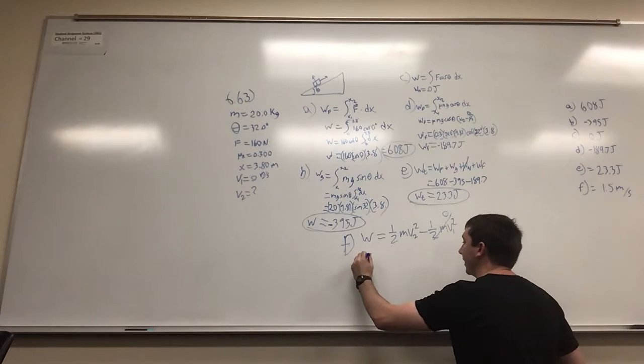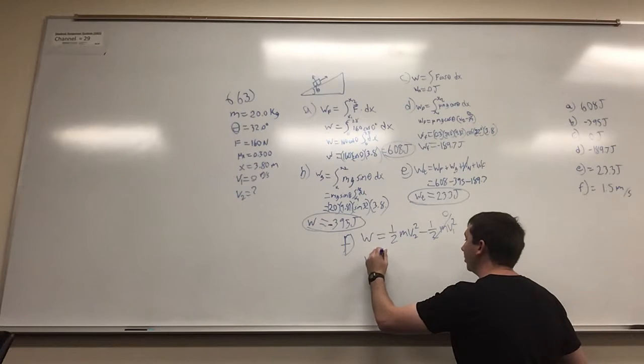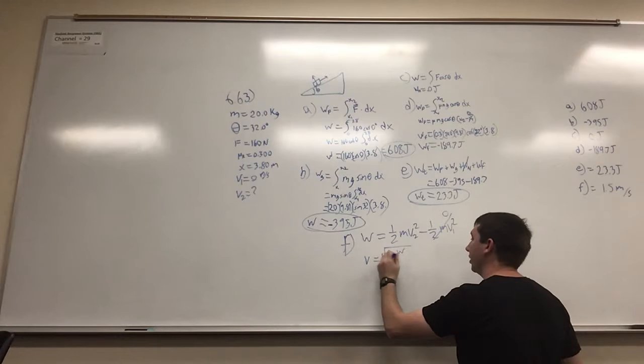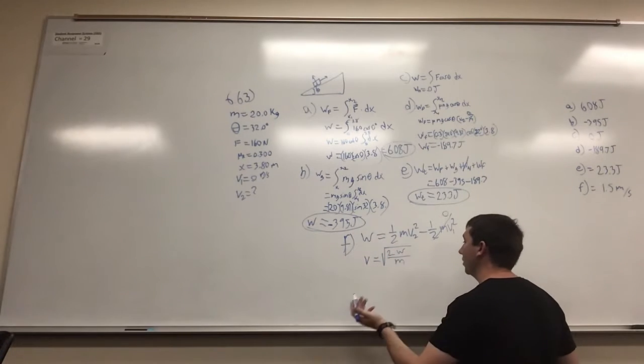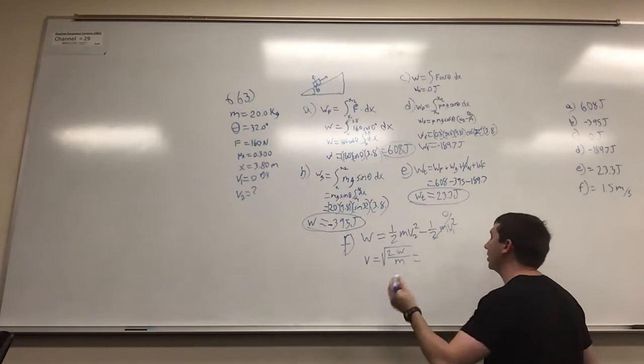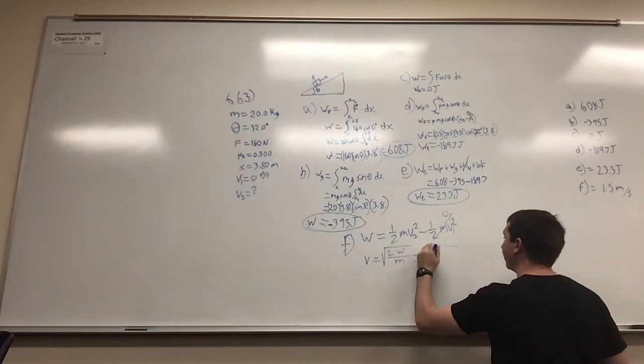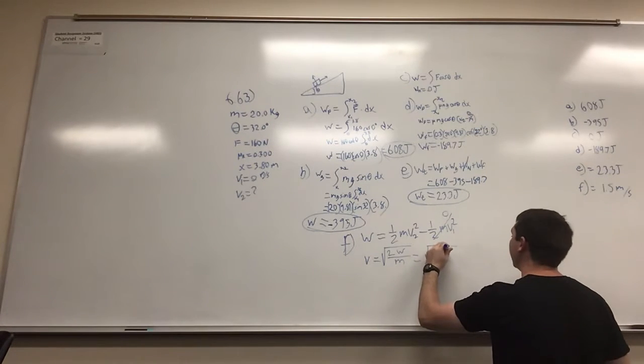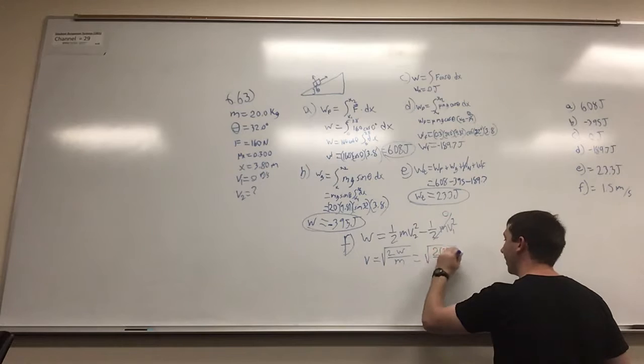So we can rewrite that as the velocity is going to be equal to the square root of 2 times the work divided by the mass, which is then equal to the square root of 2 times 23.3 divided by 20.